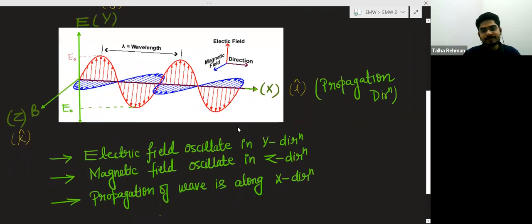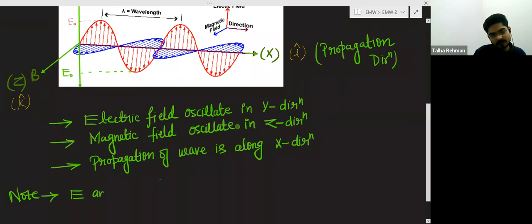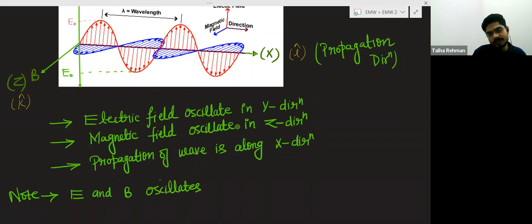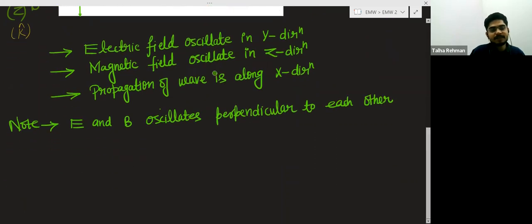The oscillations of electric field and magnetic field are perpendicular. So you can write here: electric field and magnetic field oscillate perpendicular to each other as well as to the direction of propagation.